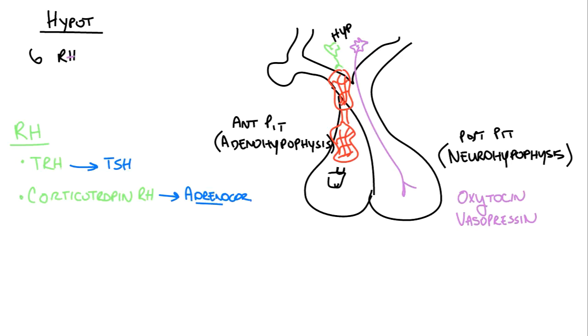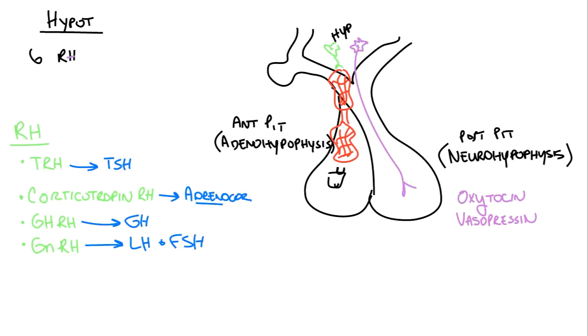The next one is growth hormone releasing hormone. It goes from the hypothalamus to the anterior pituitary to make growth hormone. Then we have gonadotropin releasing hormone. That goes from the hypothalamus to the anterior pituitary to make luteinizing hormone and FSH, which stands for follicle stimulating hormone.